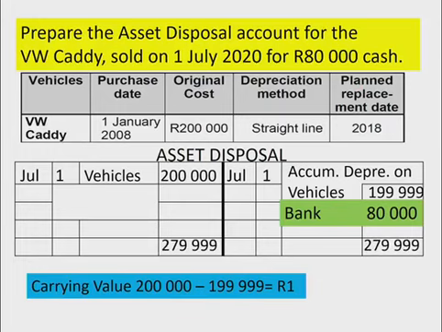So remember, this vehicle in our books is worth 1 rand. We're selling it for 80,000. We're selling it for 79,999 rand more than what it's worth in our books. So in this case, we'll be making a profit on the sale of asset of 79,999.